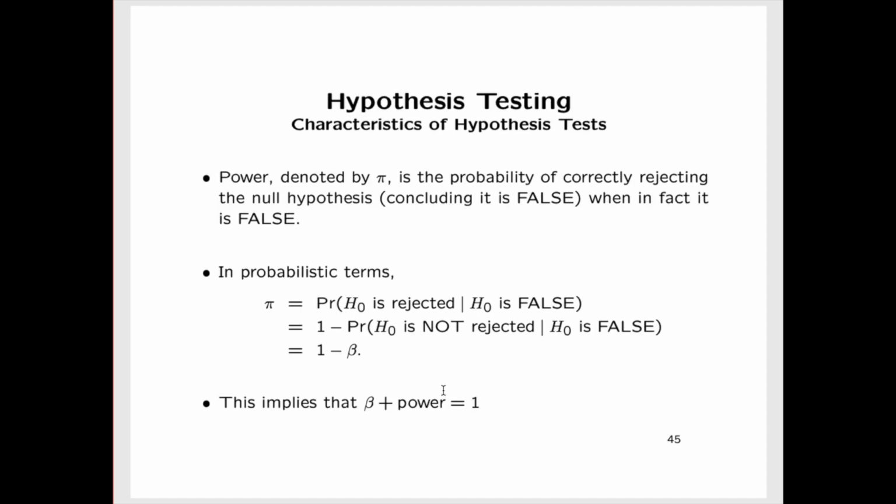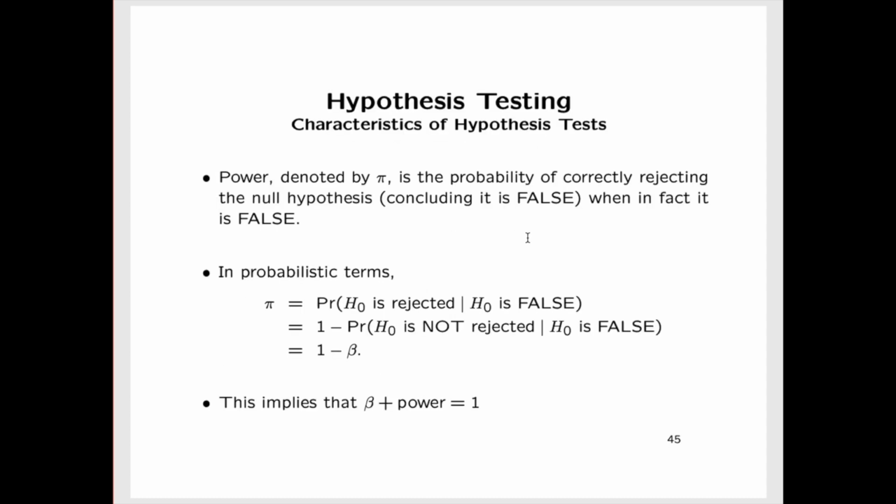Now, another characteristic of a hypothesis test is the power of the test, which we'll denote by the lowercase Greek letter pi. And this is the probability of correctly rejecting the null hypothesis, in other words, concluding that the null hypothesis is false, when in fact the null hypothesis is false.